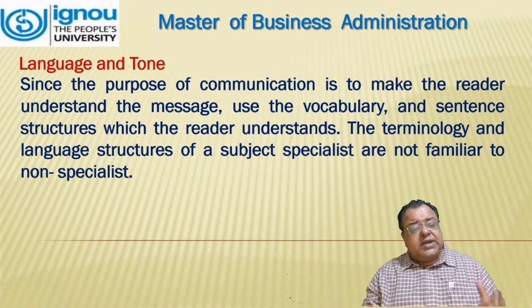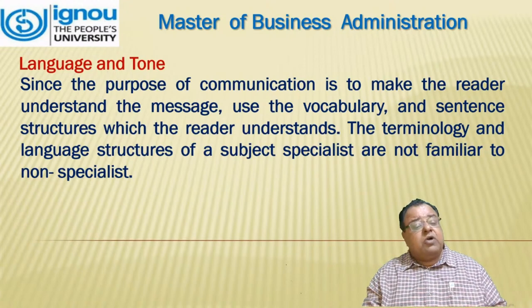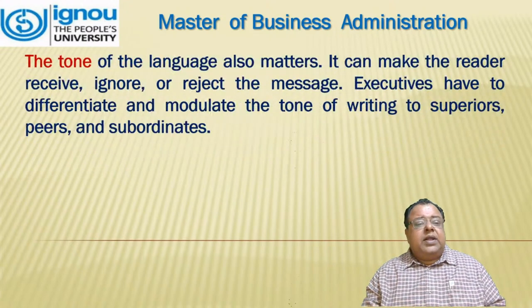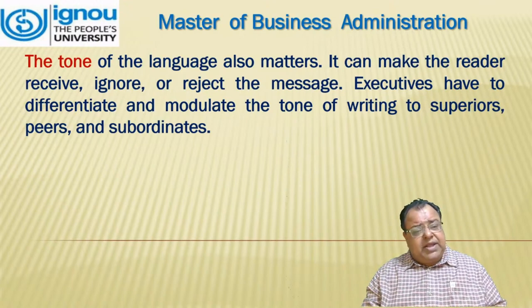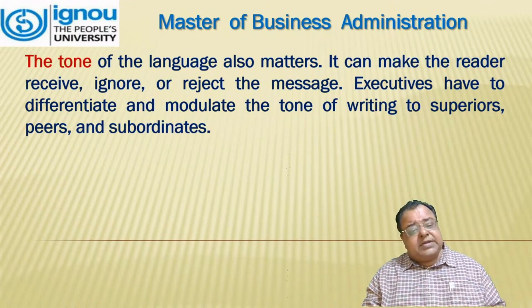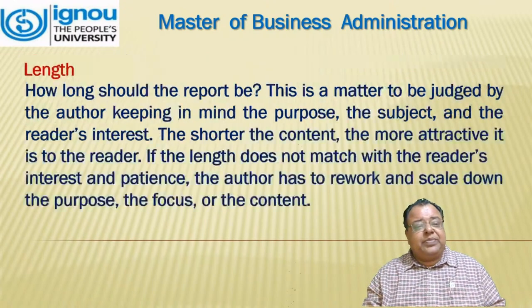The terminology and the language structure of a subject specialist are not familiar to non-specialists. The tone of the language also matters. It can make the reader receive, ignore, or reject the message. Executives have to differentiate and modulate the tone of writing to superiors, peers, and subordinates.